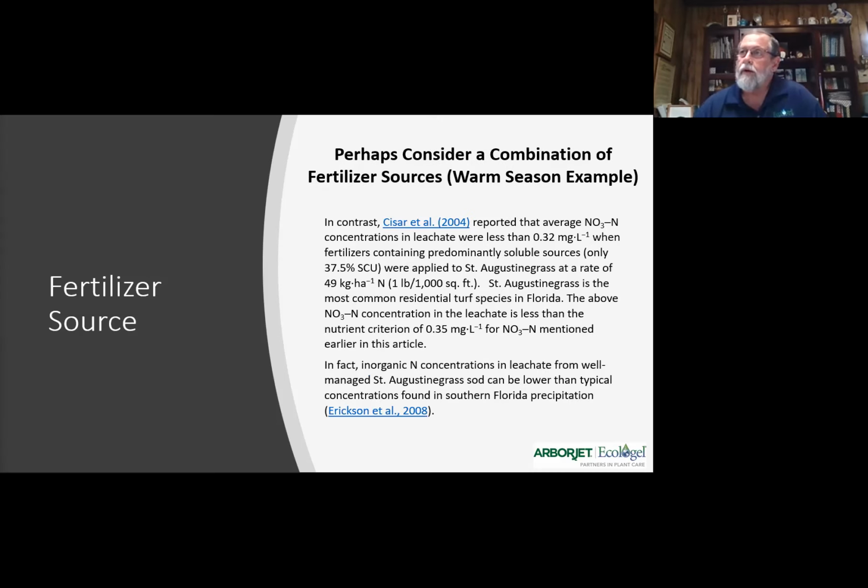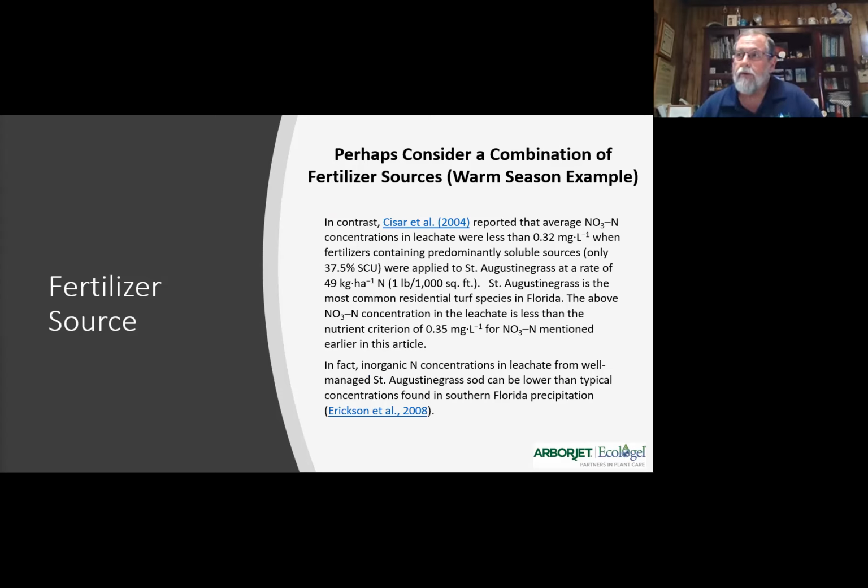In the southern areas on warm season grasses, John Cisar at the University of Florida found some of the opposite stuff. That's on St. Augustine grass. They're very efficient at capturing and using soluble fertilizers. And when he did leaching studies, he found that it was less than 1 part per million loss in leaching when using soluble fertilizers.